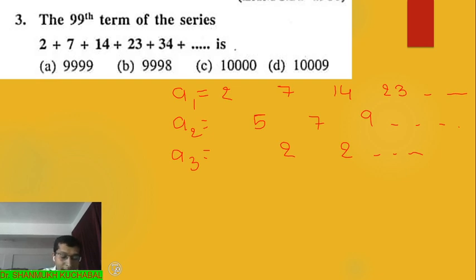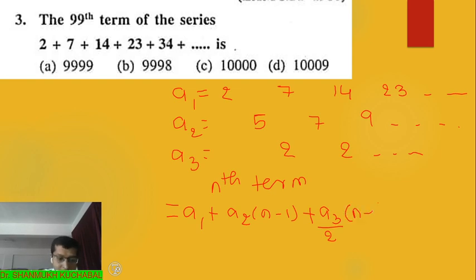So now we write the nth term. There is one formula: A1 plus A2 (n minus 1) plus A3 divided by 2 (n minus 1)(n minus 2). This is the formula. Okay, see, there are A1, A2, A3, therefore I have taken 3 terms.